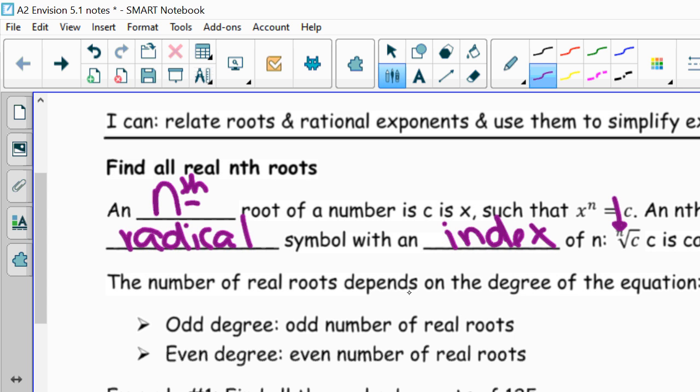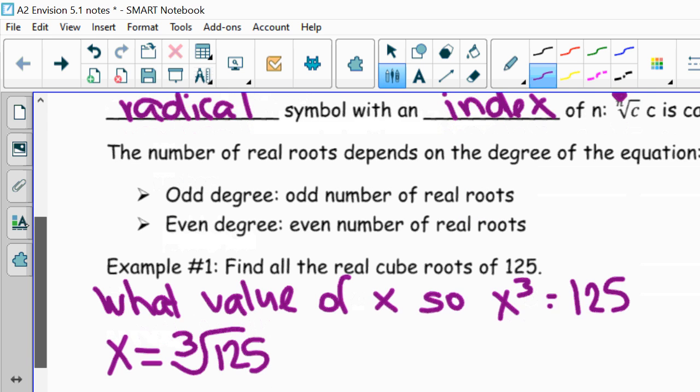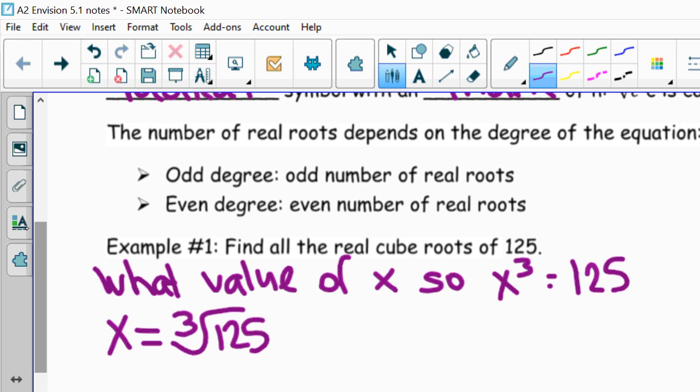We can change this to a radical, so x equals the cubed root of 125. There's lots of different ways that we can look at this. If I do a factor tree, I'm going to break it down. What can I multiply together to get 125? That's 5 and 25. 25 becomes 5 and 5.